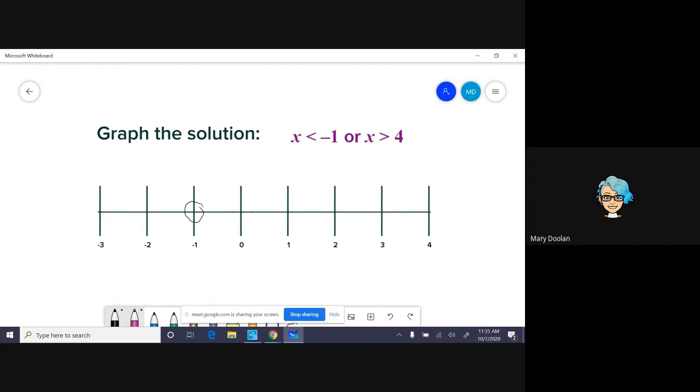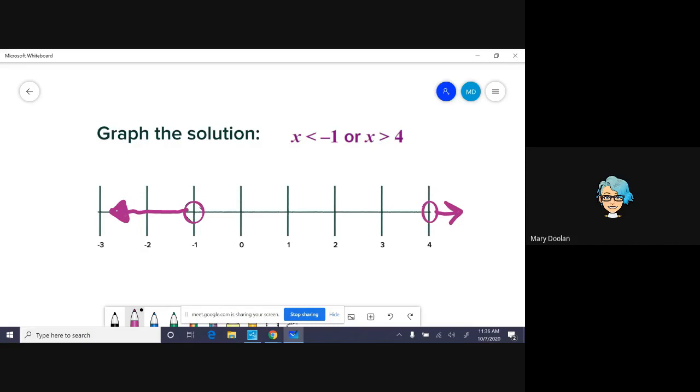So we shade this way. These are all the numbers that are less than -1. And then for x is greater than 4, well, I'm not going to include 4, but I have an open circle, but greater than, I got to go this way. So I'm sorry my number line isn't large enough, but you can still do this.